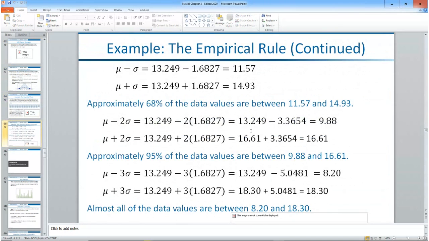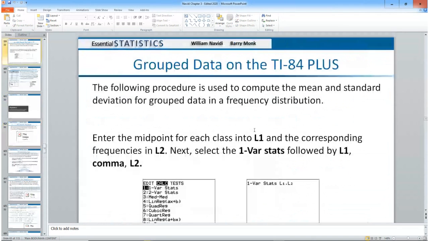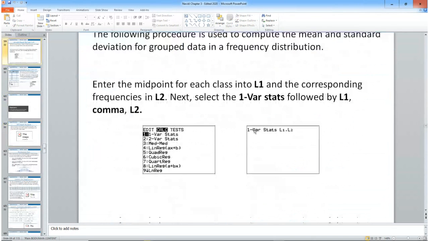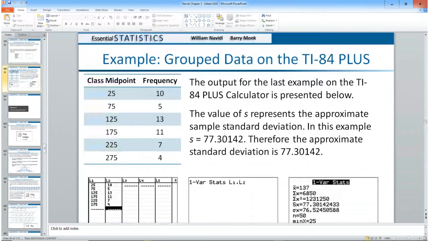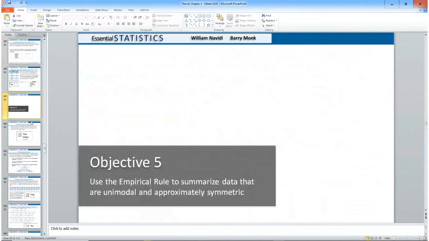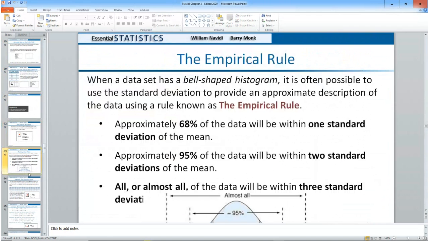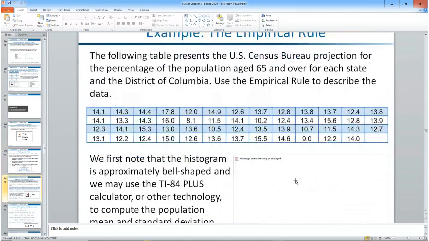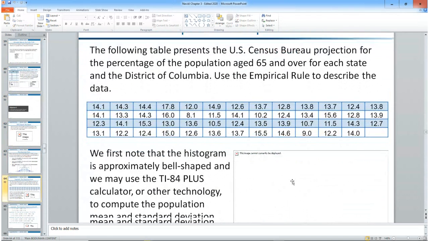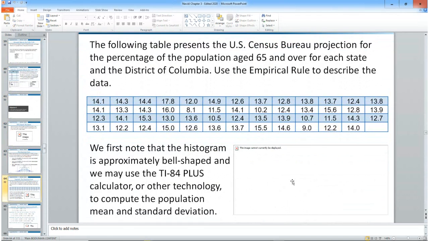if we know, because also on this little thing, they gave us the mean and standard deviation. This right here that's not displaying, right? It was the TI 84 plus printout of all the things that we needed.